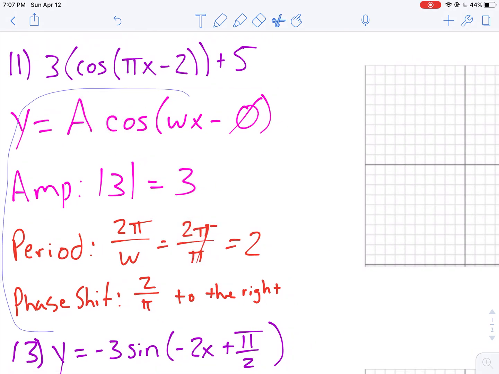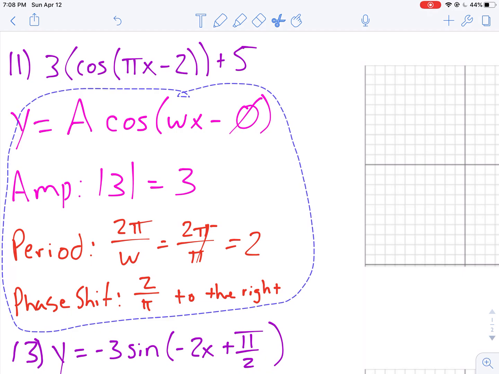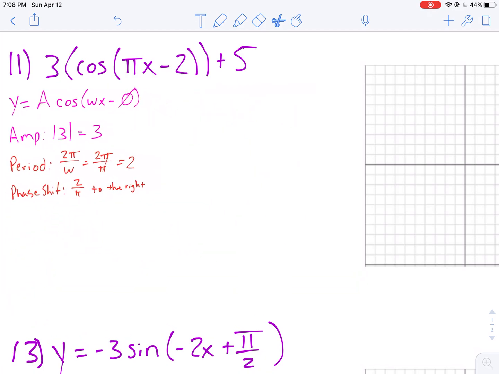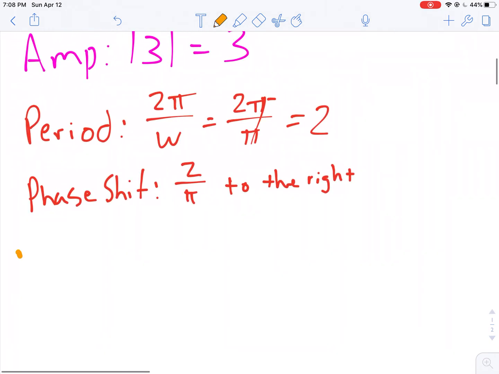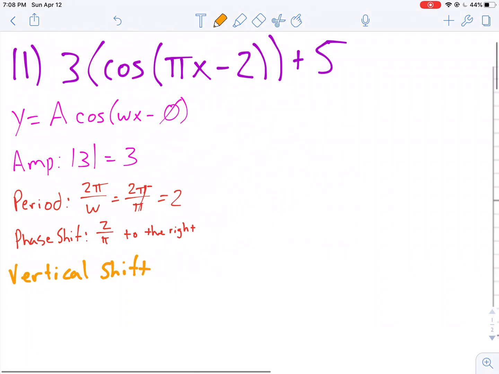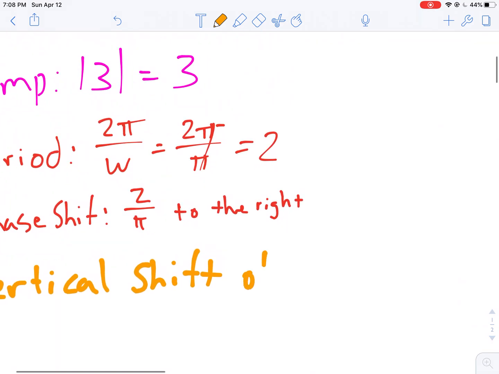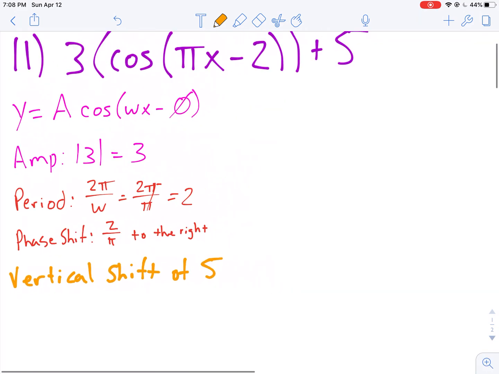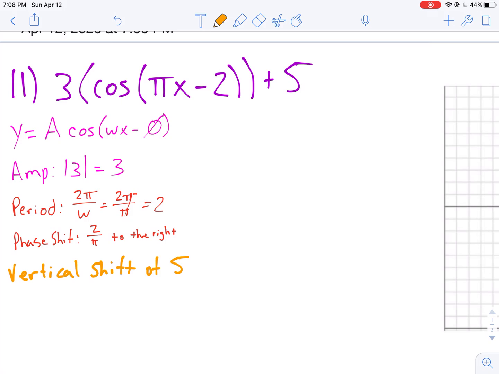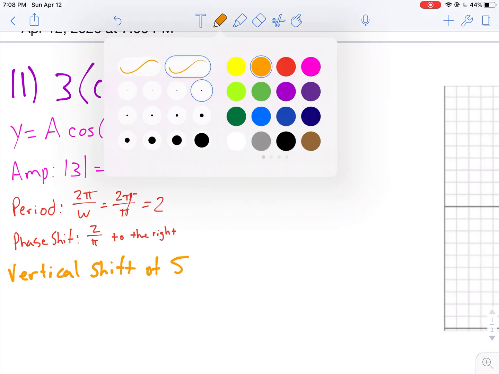I'm going to shrink all of this so that I have space for everything I need to do here. I'm also just going to add in the fact that I've got a vertical shift of 5 here. Now let's figure out where my period should start and where my period should end.